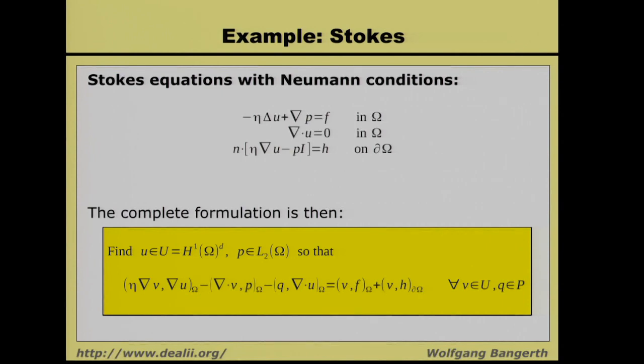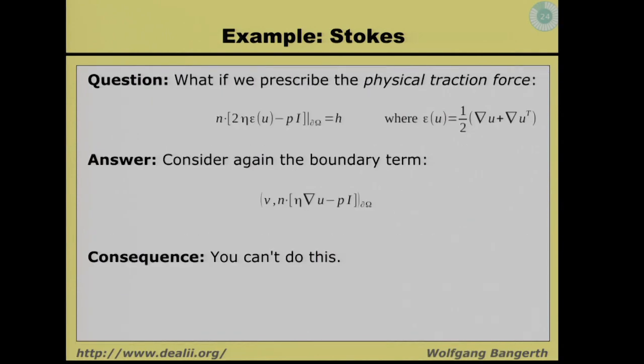Your physicist will say, no, it's not really. The actual traction force, the force that a wind field exerts on the ocean, would in fact have this particular form, namely not n dot grad u minus pi, but n dot 2 eta epsilon of u minus pi, where epsilon of u is not gradient u, but the symmetric part of the gradient, 1/2 grad u plus grad u transpose.